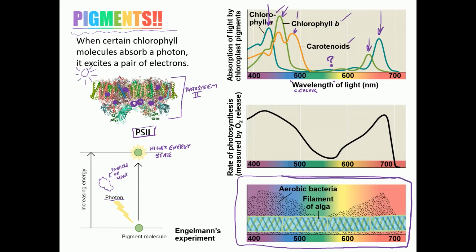Now, what we have on the slide just below that is a graphical display of some results from an experiment that was conducted in 1883 by a scientist by the name of Theodor Engelmann. In this experiment, he illuminated a filament of photosynthetic algae. So this is a protist that is able to do photosynthesis as well.